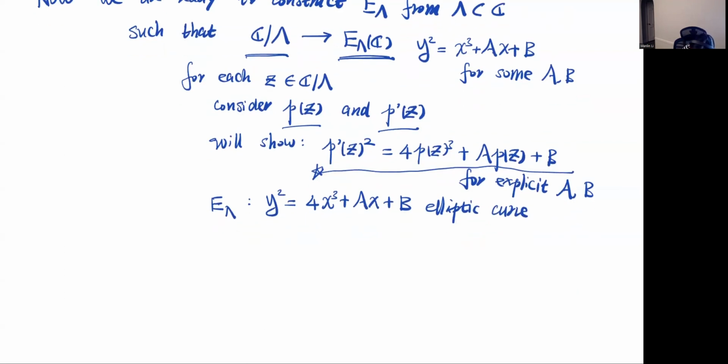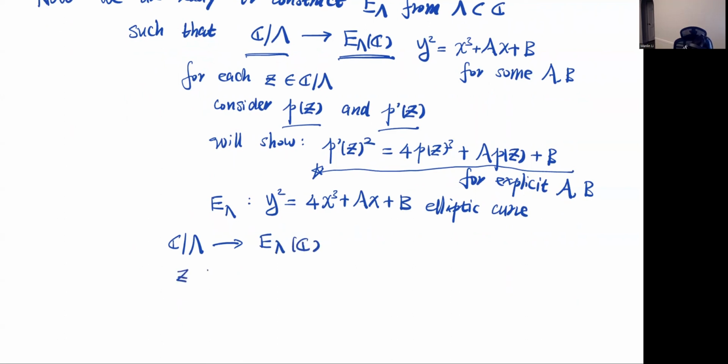And moreover, I have my promised map, C mod lambda to E lambda C points, by very concretely mapping each point z to p of z comma p prime of z.